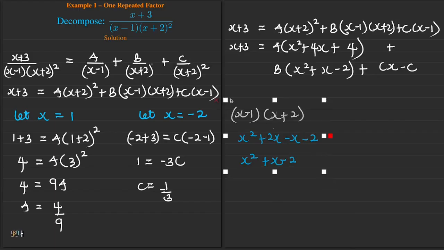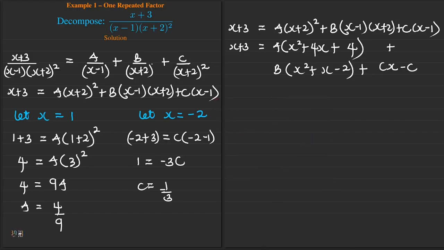So how do we form this equation that would help us solve for b? Before grouping like terms, we have x plus 3 equal to ax squared, that is a times x squared, then plus 4ax, that is a times 4x, and then we have 4a.